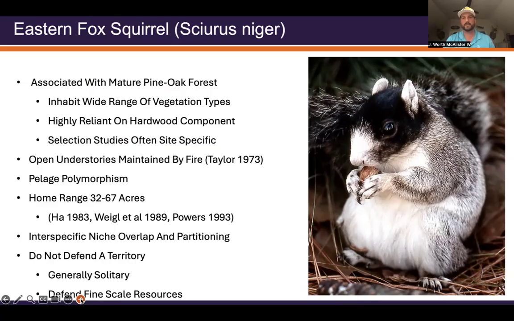This, as a game species, has been studied throughout the years, including recently, but with new advancements in remote sensing and GPS technology, giving us a lot of fine scale data.